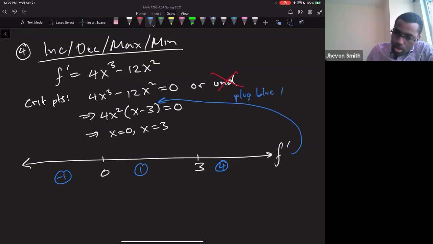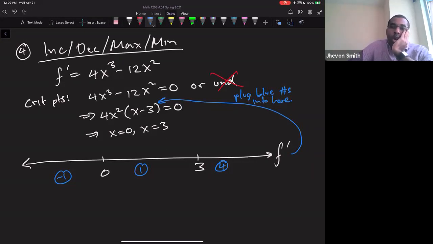It's normally nicer to plug into the factored form because remember, you don't actually care about the value. You more care about the sign, whether it's positive or negative. Here, 4x squared is always going to be positive once your x is not 0. So we only need to know about the sign of x minus 3.